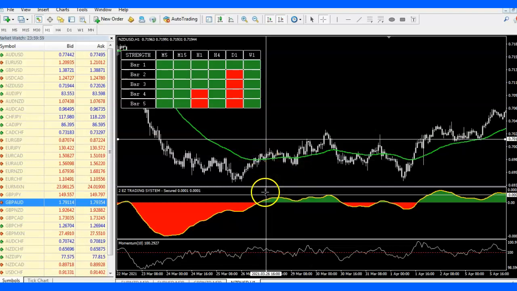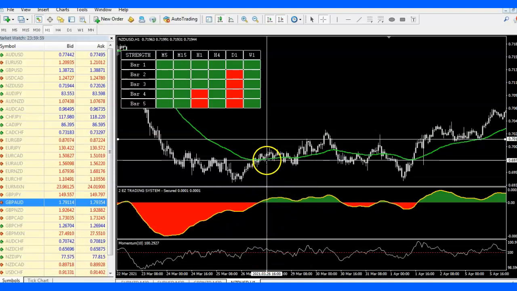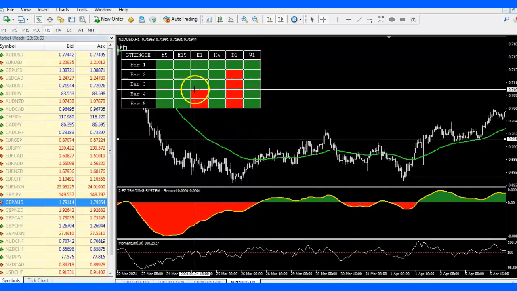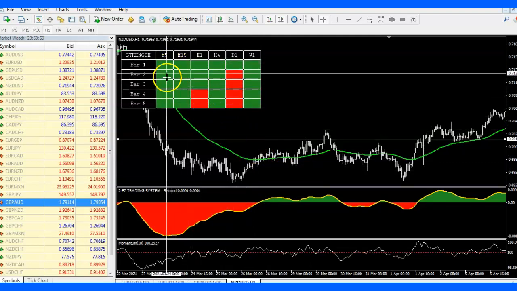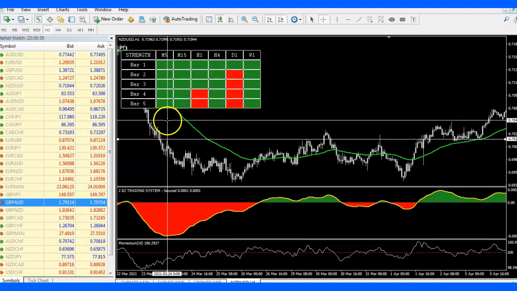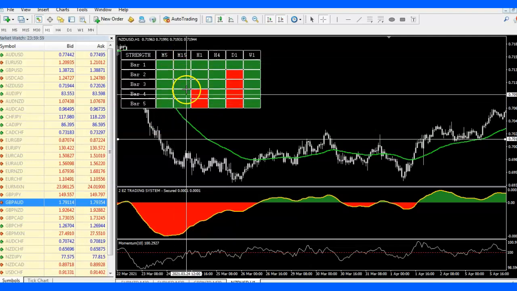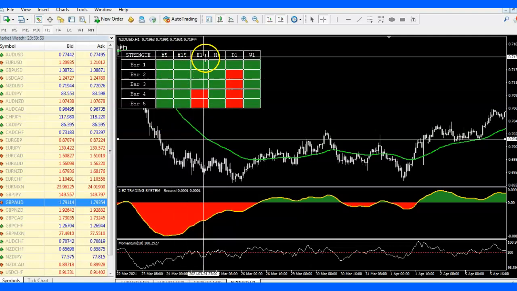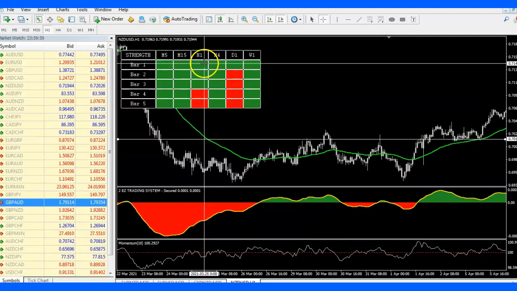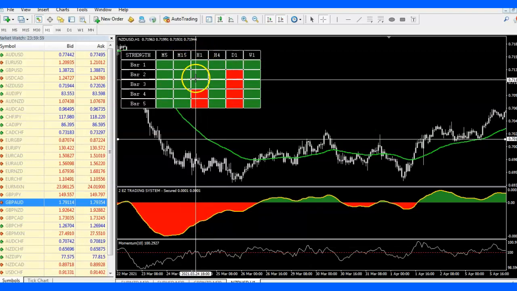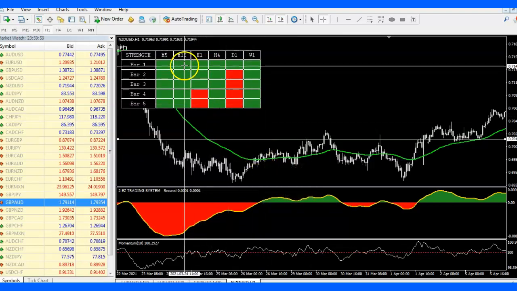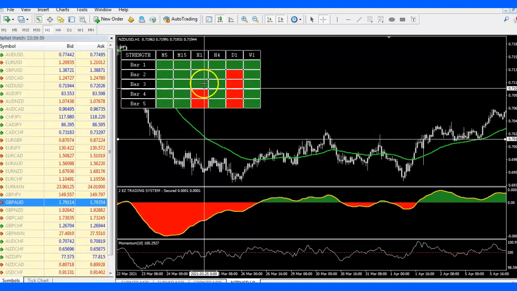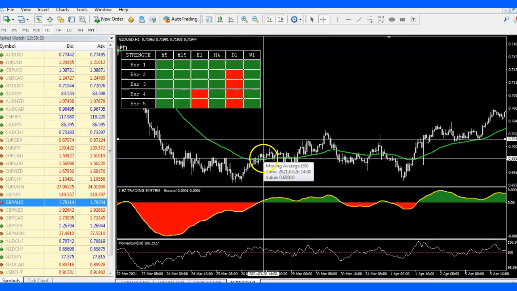According to this, this, and this. At that point, you look at the strength indicator. If you have all the M5s green, all the M15s green, and then you can set this for the 30 minutes or the 1 hour. If you have the 30 minutes green and the 1 hour, normally you need 2 at least, and you can go into a trade.